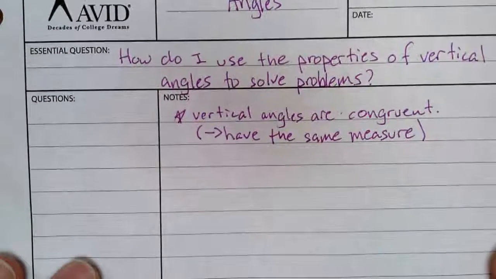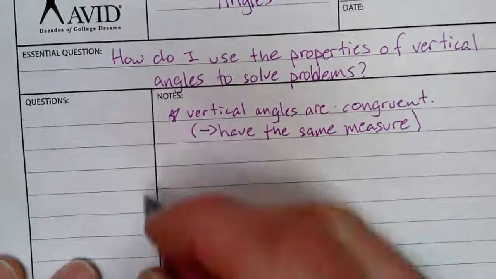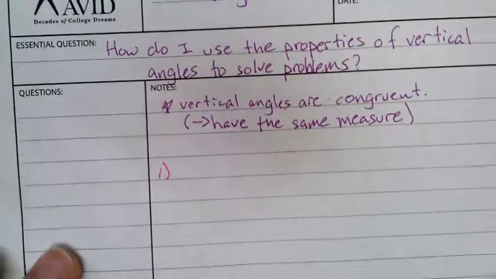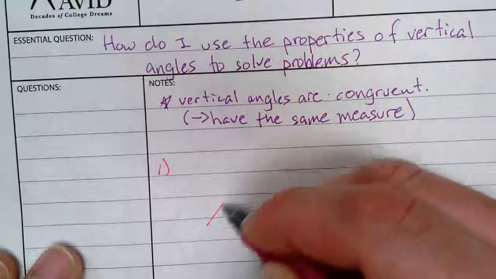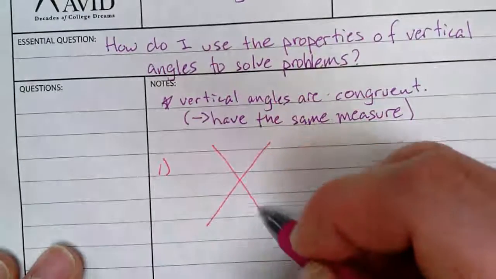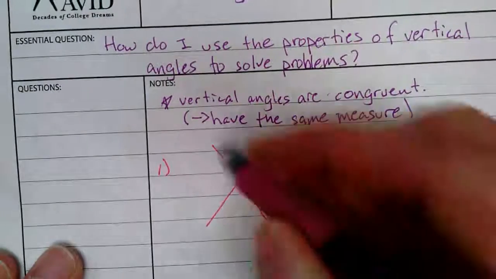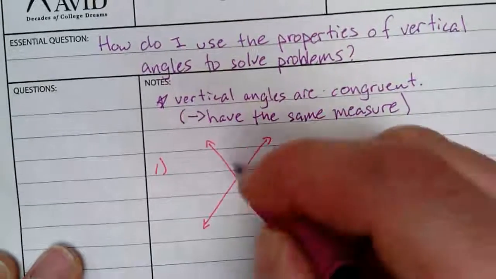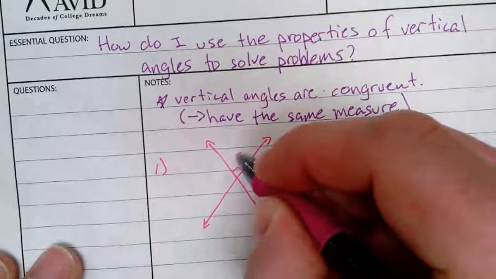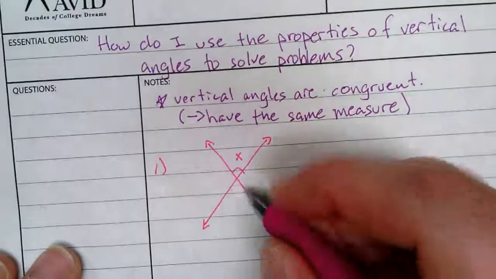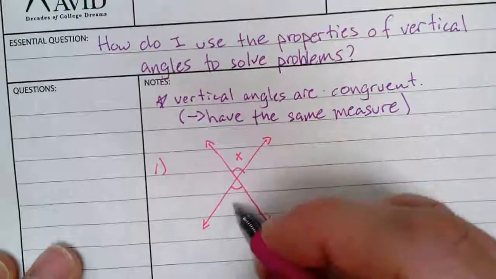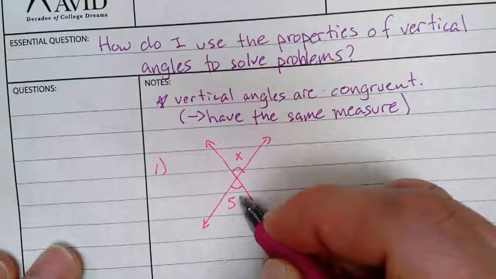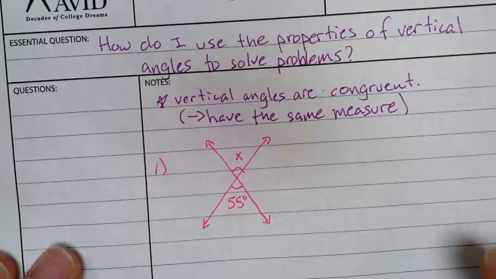Next up, let's look at a way that we can use that. So, example 1, say I have two angles here, vertical angles, and we'll call this measure X, and we'll call this measure 55 degrees.